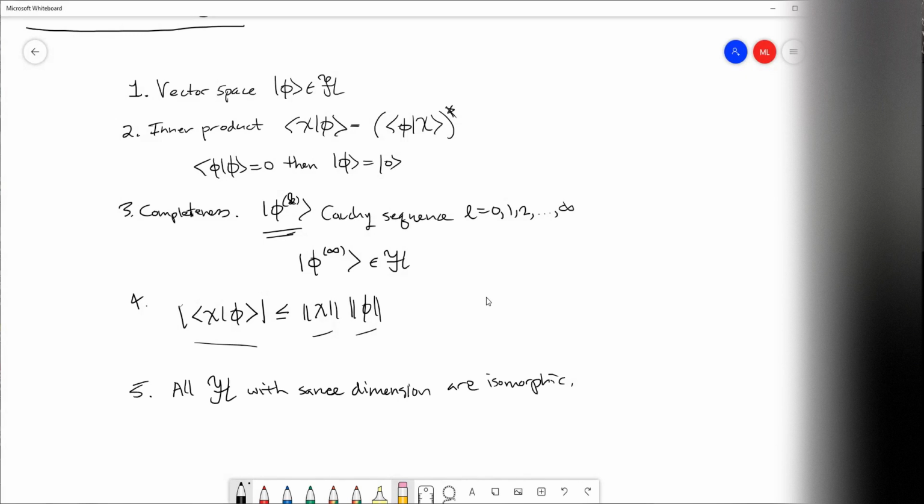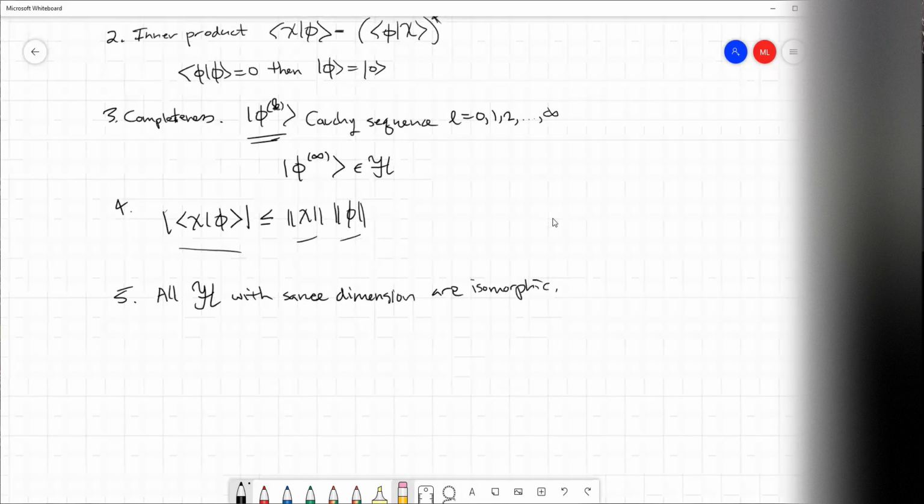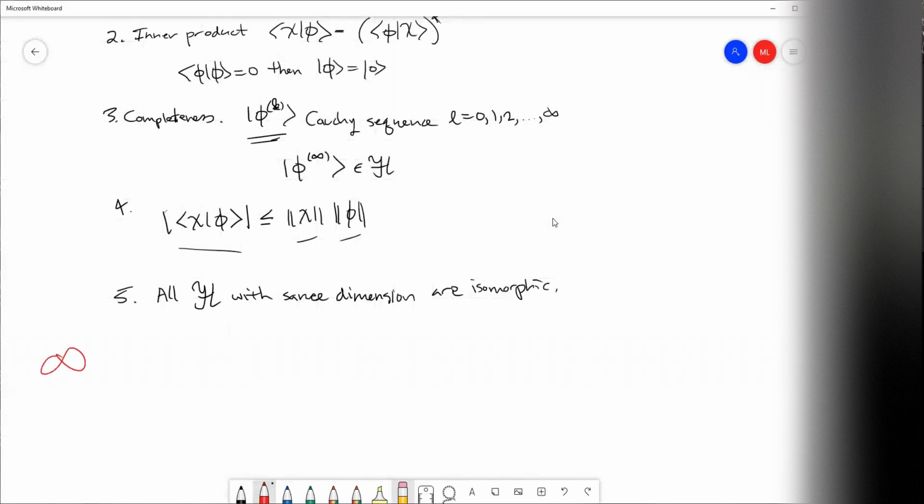The only difference is in the decomposition of vectors. This is special to infinite dimensions. This is where things get kind of complicated, because if you have phi and you decompose it into a basis, then if it's an infinite dimensional space, there's an infinite set of basis vectors. There's 0, 1, 2, and so on.